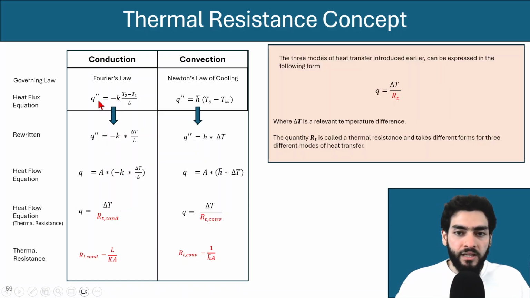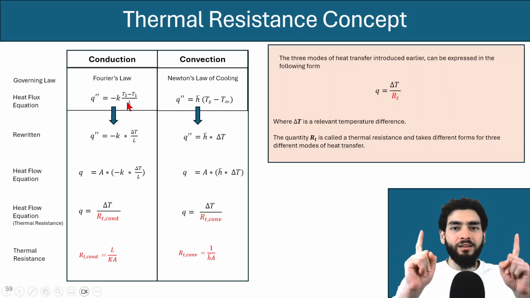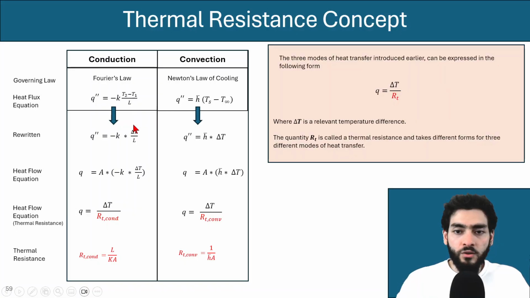The heat flux in Fourier's law is -1 multiplied by the thermal conductivity of the material multiplied by the temperature difference, T2 minus T1, over the length of the wall. We can rewrite that as -1 times thermal conductivity times delta T over the length. This is just me simplifying it.